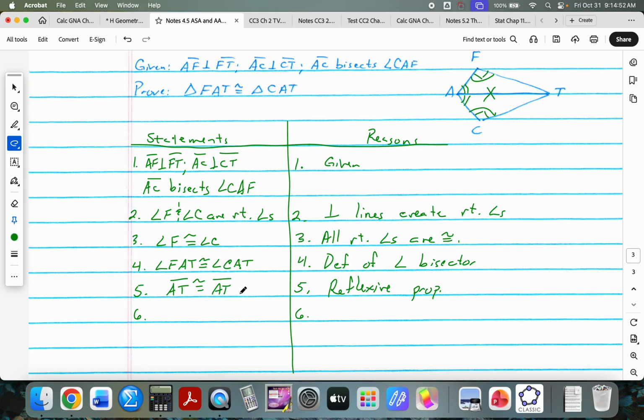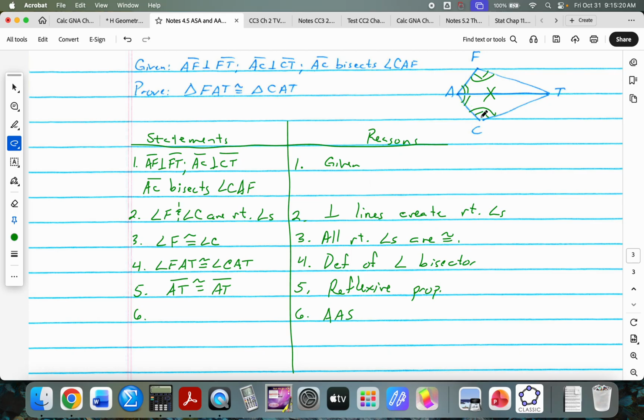Once I have three pairs of congruent corresponding parts, that should be enough. So which of the shortcuts can I use to prove the triangles congruent, Ian? Angle, angle, side. Yeah, and why is it angle, angle, side instead of angle, side, angle? Because it's two angles and then a side. And where is the side?